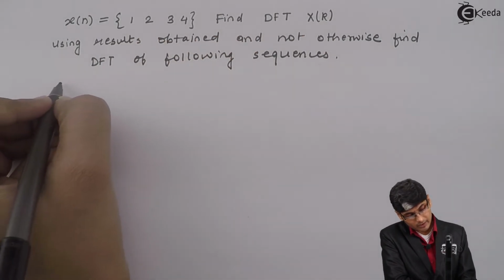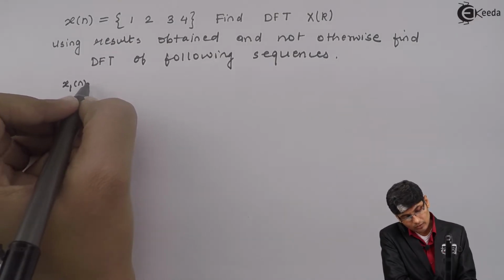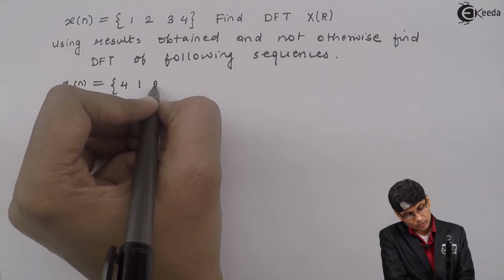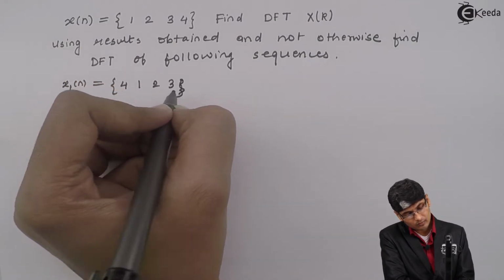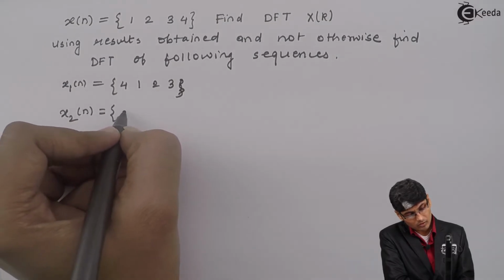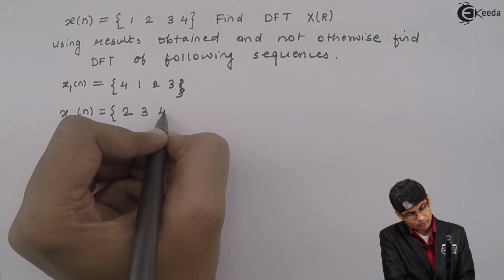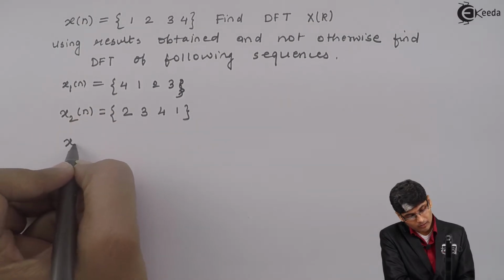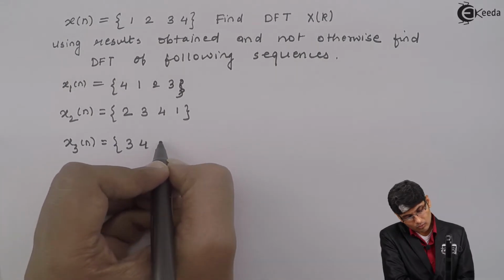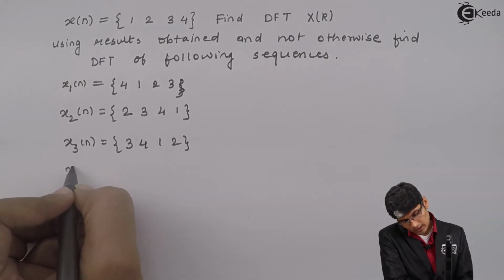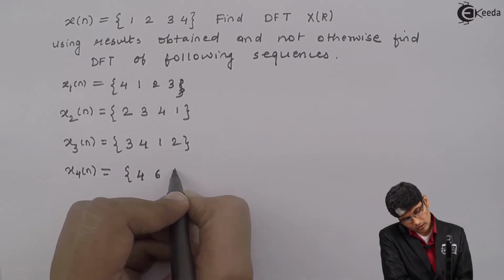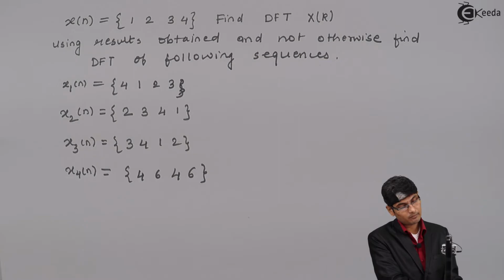And the sequences are given as x1 of n is the first sequence given as 4, 1, 2, 3. Then x2 of n is given as 2, 3, 4, 1. Then x3 of n is given as 3, 4, 1, 2, and x4 of n is given as 4, 6, 4, 6.